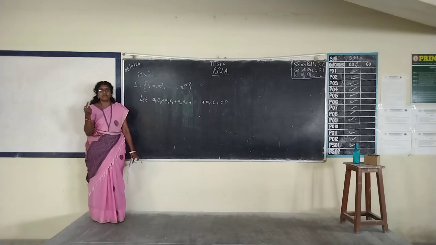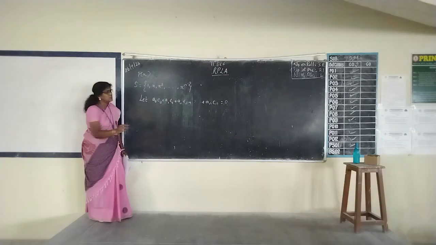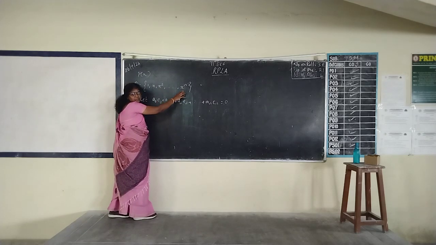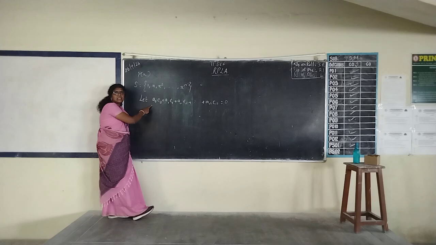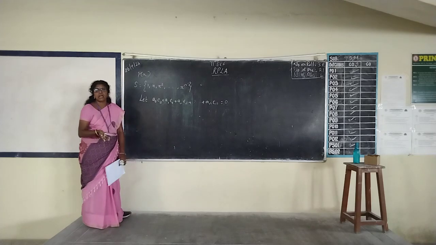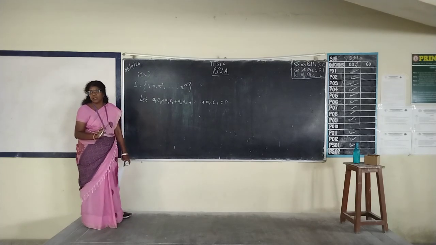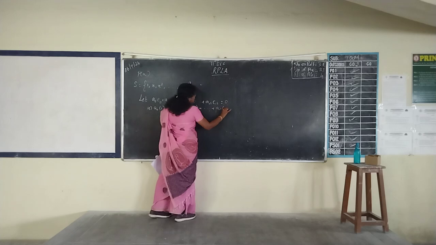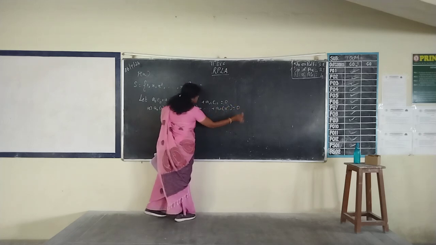Earlier we made use of alpha 1, alpha 2; you can make use of the same notation also, nothing wrong. Instead of alpha we are using A0, A1. Now replace all the elements: A0 into 1 plus A1 into x plus A2 into x square plus etc. plus AN into x power n equal to 0.